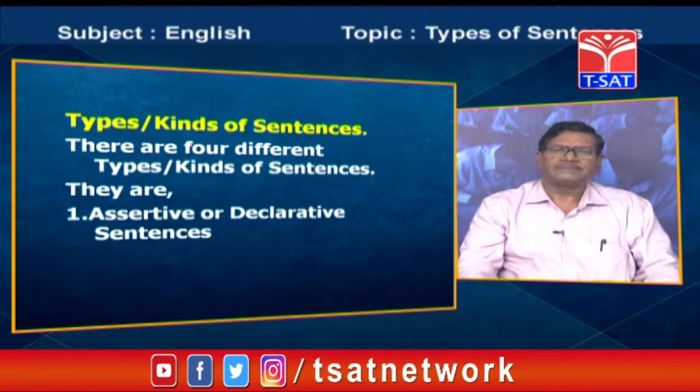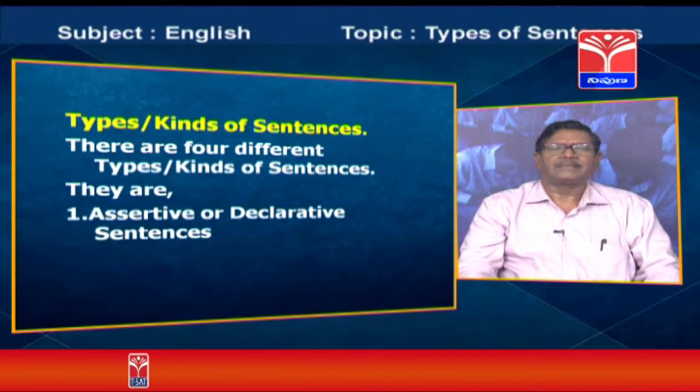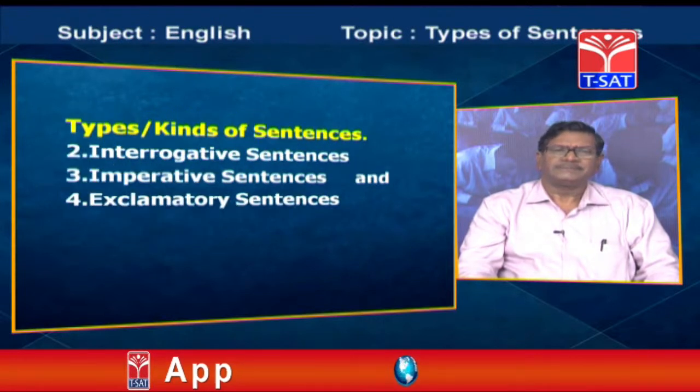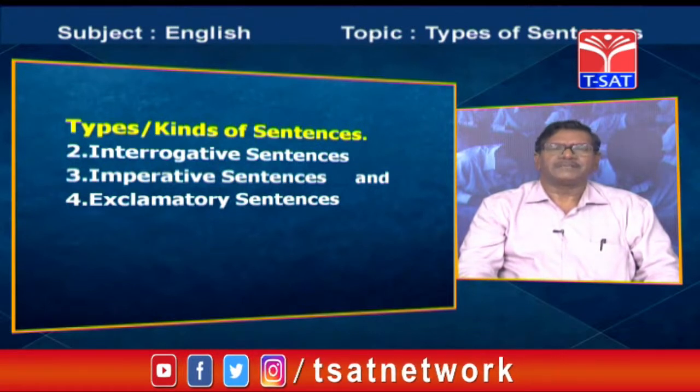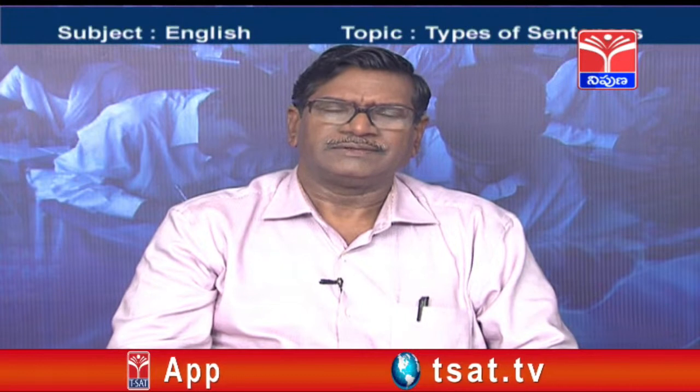They are 1. Assertive or declarative sentences. 2. Interrogative sentences. 3. Imperative sentences. 4. Exclamatory sentences. So, in all, there are 4 different types or kinds of sentences in English.